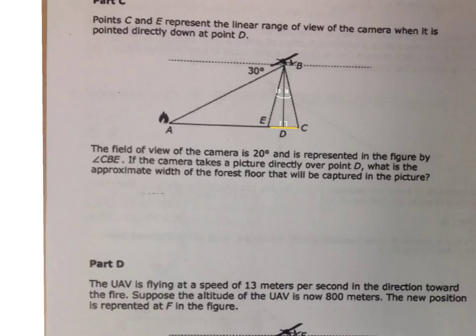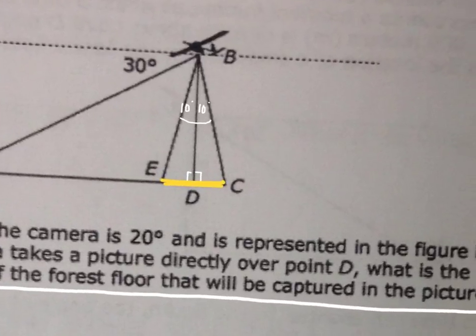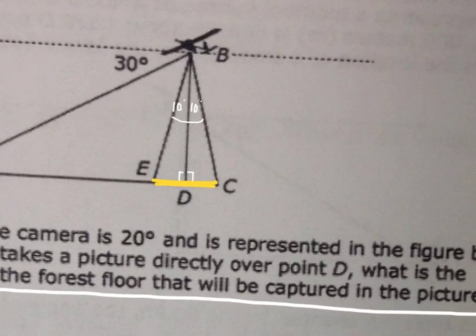Let me figure out what they're trying to ask me for. They're asking me what's the width on the forest floor that will be captured by the picture. So I'm looking for this yellow distance. So how much of the forest floor can the camera take a picture of at one time? To figure out the yellow part, I'm going to figure out the x part and then double it.